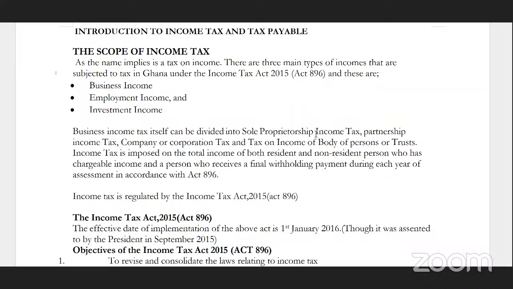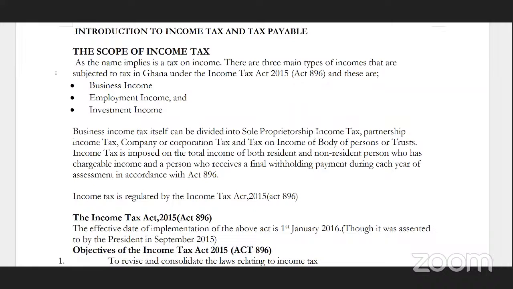So we are first going to start with the introduction to income tax and tax payable. Now, when you come to Ghana, income tax is governed by the Income Tax Act, 2015, Act 896. Income tax is applied on something we call the tax base. The tax base is something that we apply tax on.